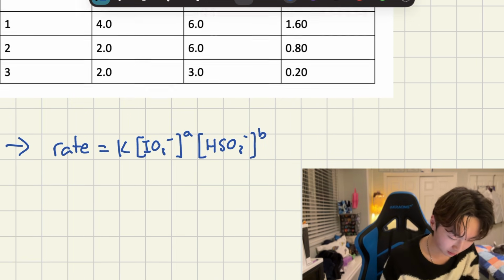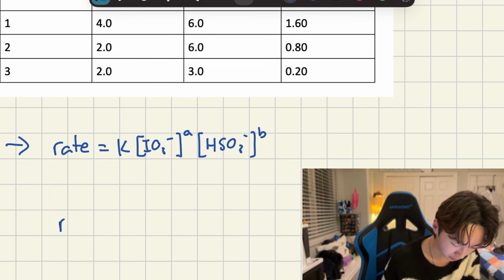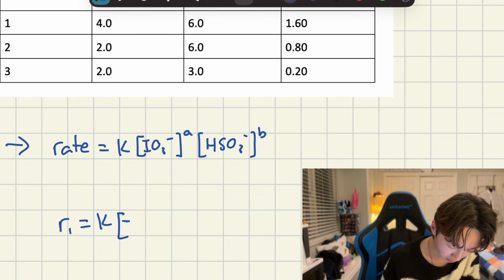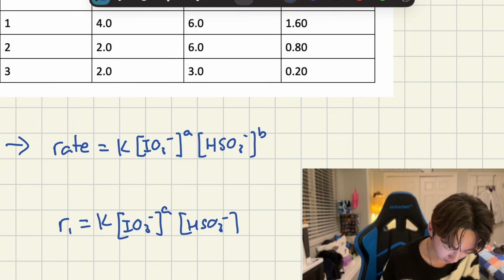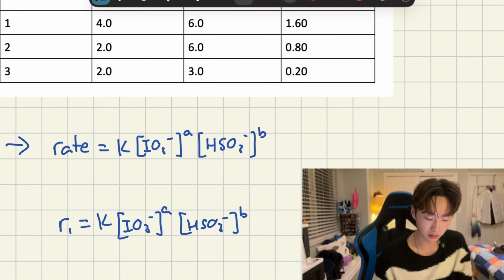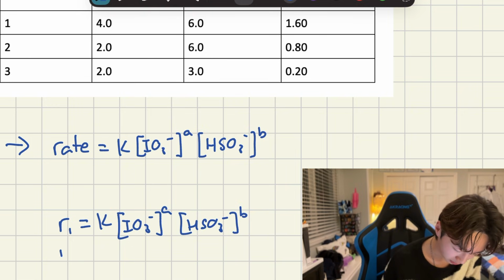So let's say we had our first rate, let's just call it rate 1, is equal to the constant times the concentration of IO3 minus to the A, times HSO3 minus to the B. Okay, and then let's say we're going to divide this whole equation by our second rate.